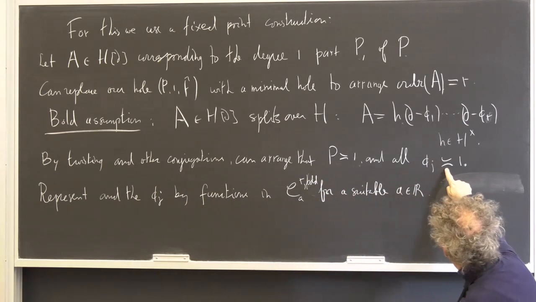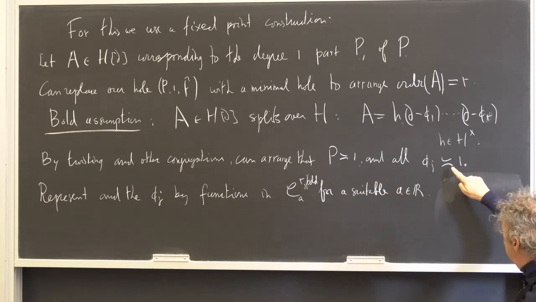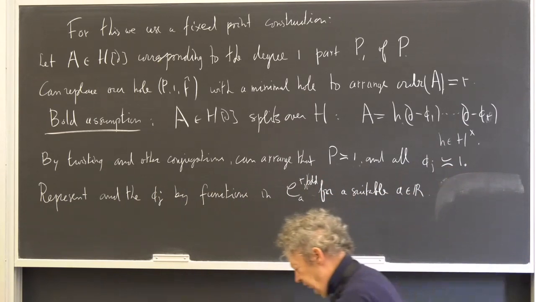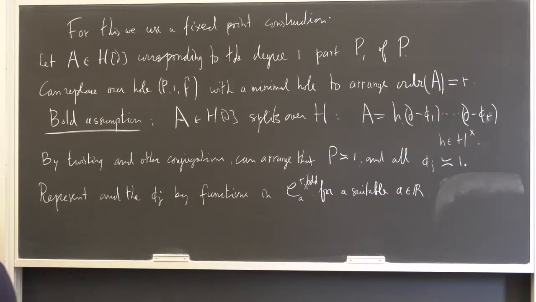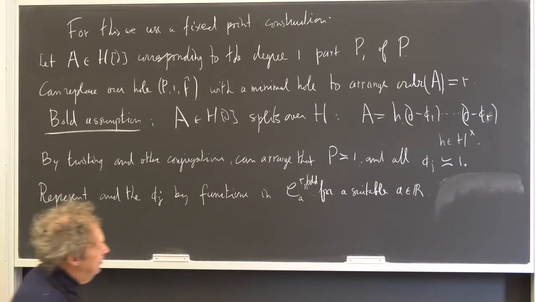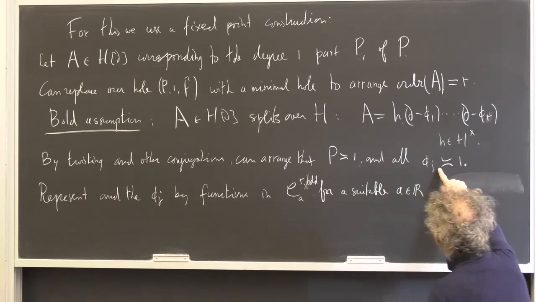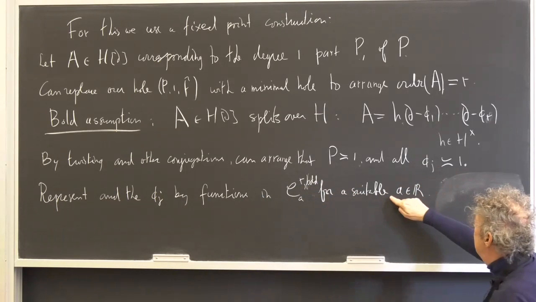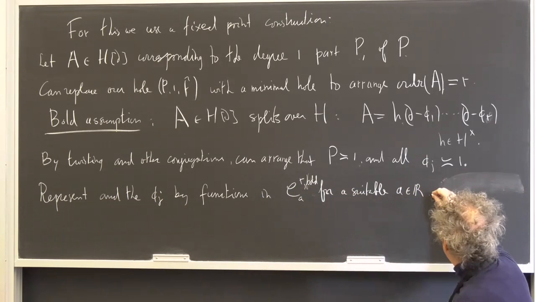But now Vj asymptotic to 1 means that eventually Vj is greater than or equal to epsilon, or eventually it's less than or equal to minus epsilon. And that is exactly meaning that we are in the attractive or repulsive case. So we take A so big that this happens.